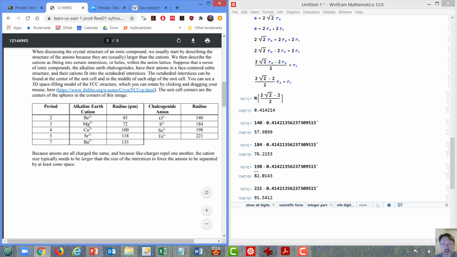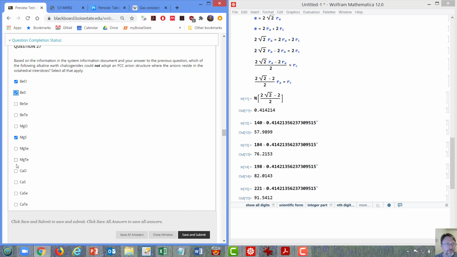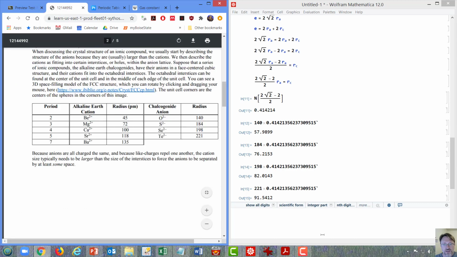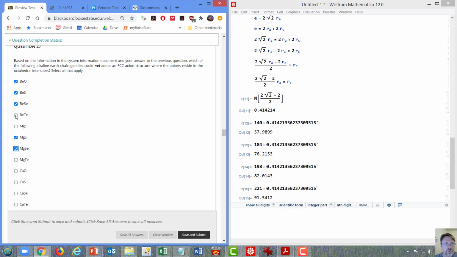For the selenide, which ones don't work? Magnesium and beryllium, because they're too small. For the telluride, it's 91. The 2 that are smaller are magnesium and beryllium. So the 2 that don't work are magnesium and beryllium.